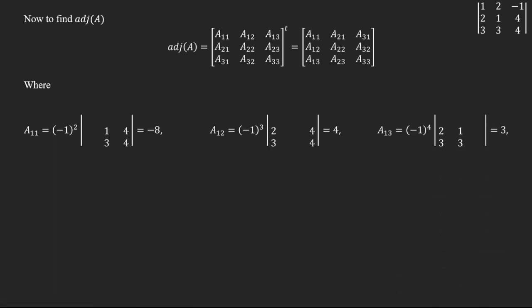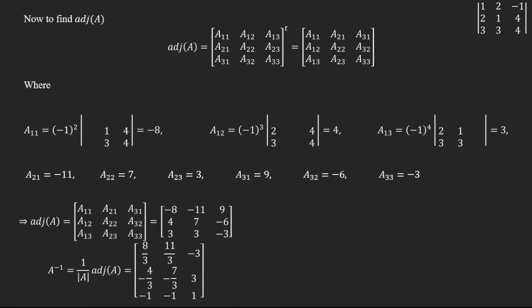For A13, we take (-1) to the power 1 plus 3, which is 4, ignore that column and that row, and expand this determinant. We get 3. In the same way we find A21, A22, A23, A31, A32 and A33. So we get the adjoint of A. The adjoint of A is here.